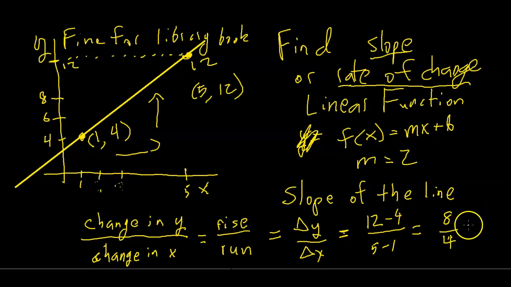And what is 8 divided by 4? It's 2, right? So even if we were given 2 points so far away from each other that it's not easy to immediately recognize what the rate of change is, we can always find the slope of the line that joins those 2 points, and that is the rate of change of any linear relationship or linear function.